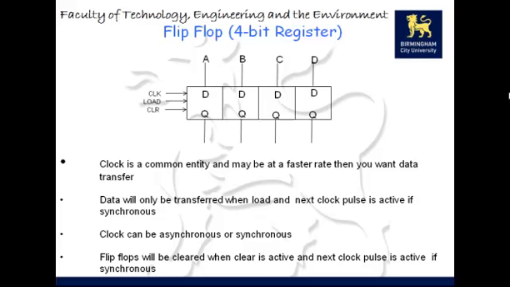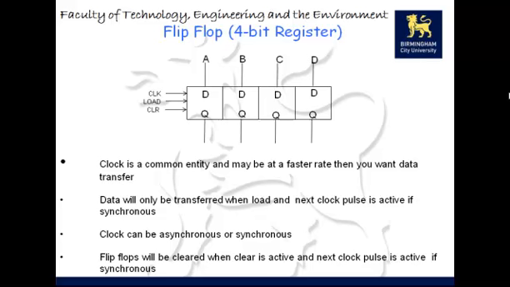Now you may want the actual data transfer to be a lot slower than that. You may want the data to be entered and transferred every 100 milliseconds, for example. For that reason, we've got a load input as well. The load input can be used in conjunction with the clock input.